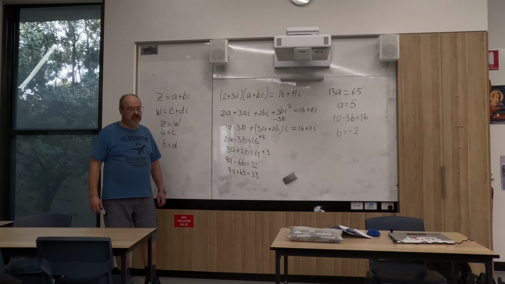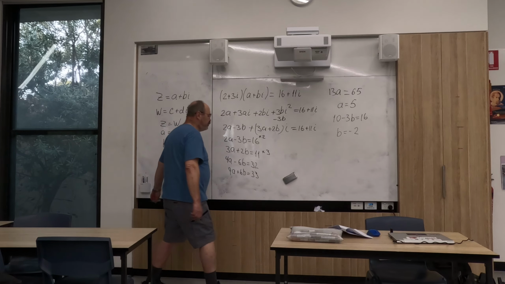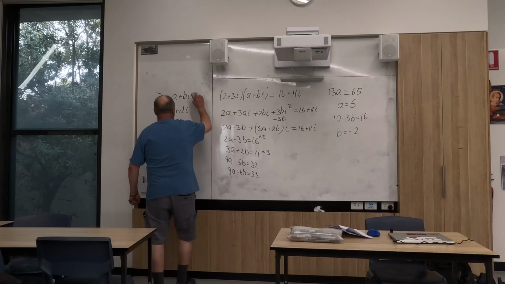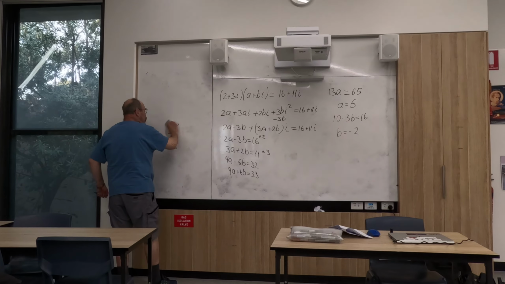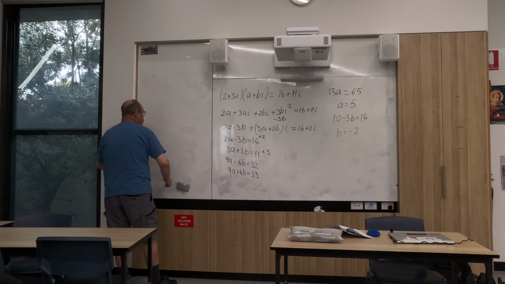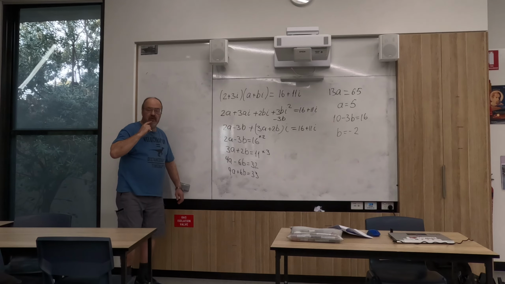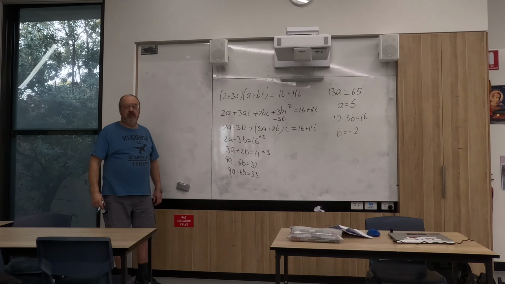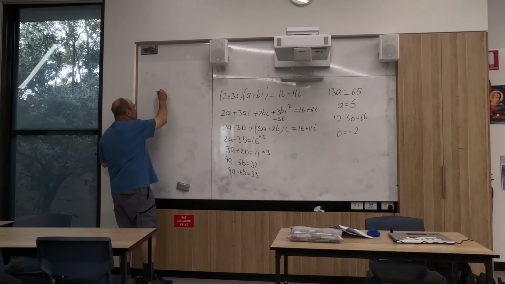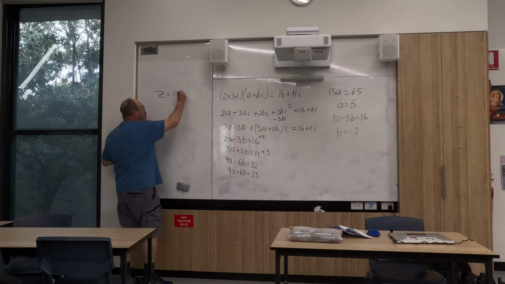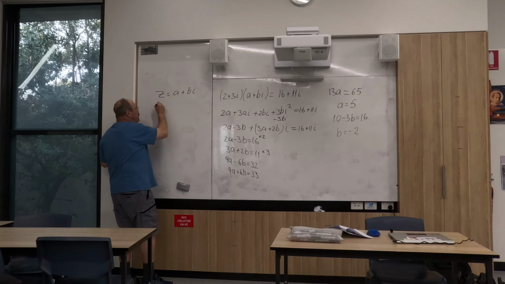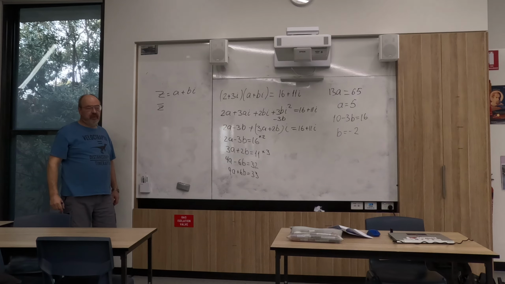Now, division of complex numbers. To learn how to divide complex numbers, we will need to introduce one new concept, the conjugate. If you have complex number z equals a plus bi, the conjugate is denoted with a z with a bar on top.